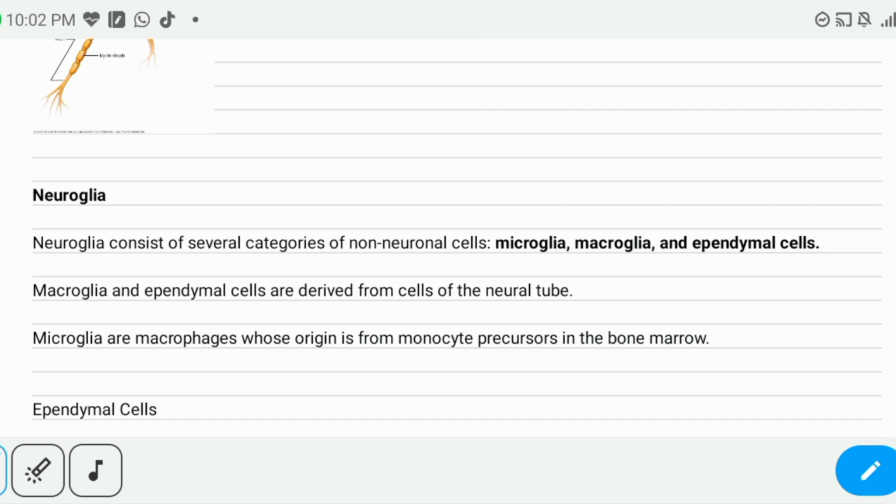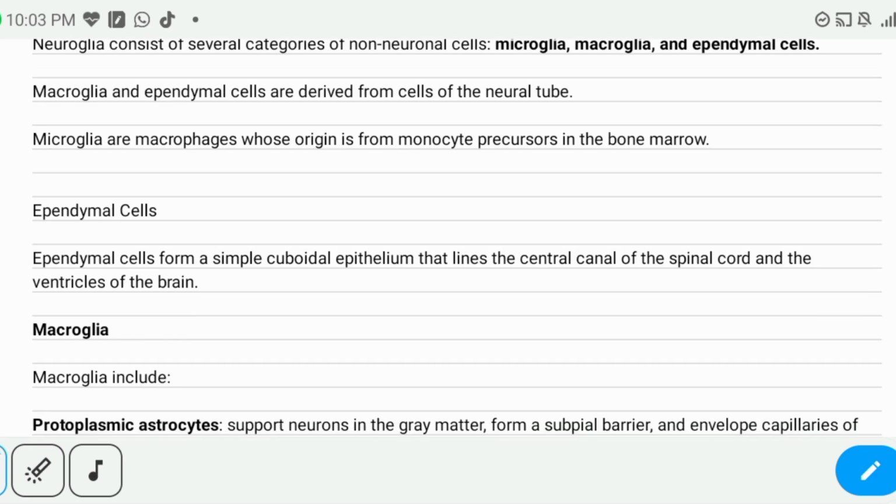The microglia are macrophages whose origin is in the form of monocyte precursors in the bone marrow. So this means that the microglia function in immunity of the nervous system. Yes, they act as phagocytes that help to destroy bacteria and unwanted organisms in the nervous system.